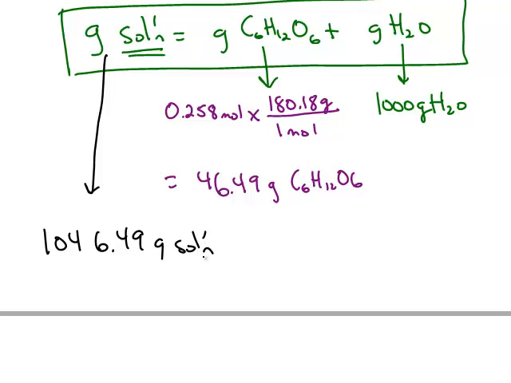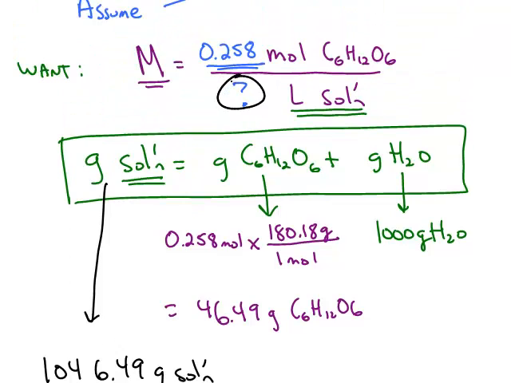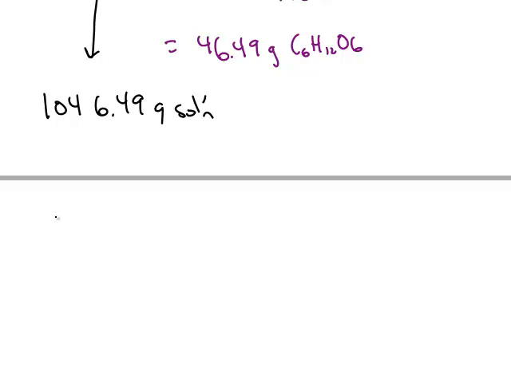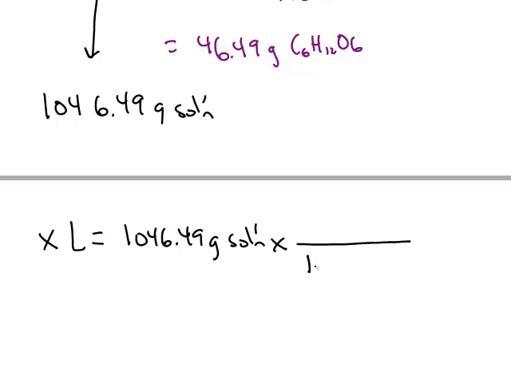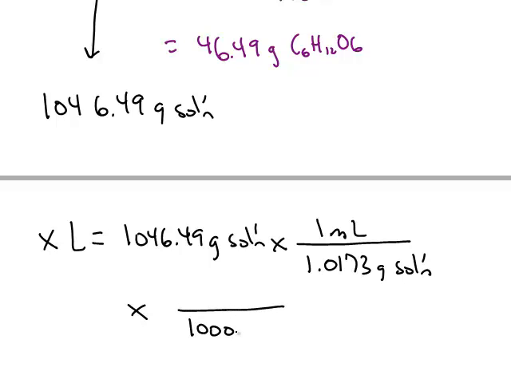If we know the grams of solution, we can turn that into what we want, which is liters of solution. Because the problem gave us the density, and we're going to use that as our conversion factor. 1.0173 grams of the solution is equal to a volume of 1 milliliter, and 1,000 milliliters is 1 liter of solution.